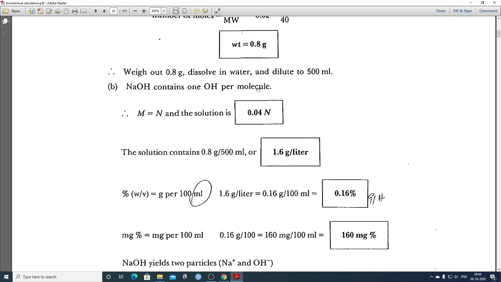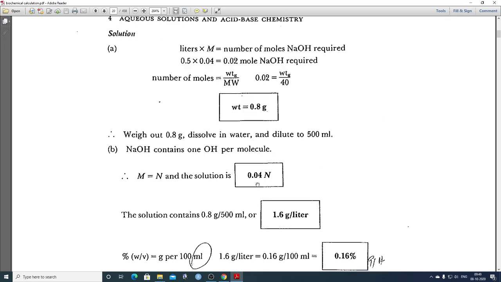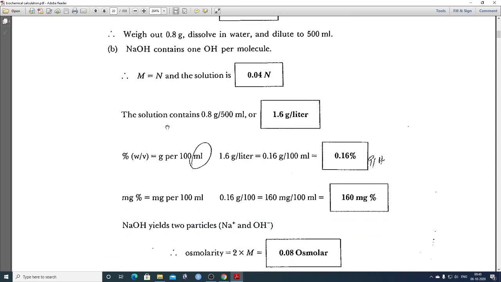So normality here is 0.04 normal. The solution contains 0.8 gram per 500 ml. So per liter, you have to make this 500 to 1000, multiply by 2, that is 1.6 gram per liter.